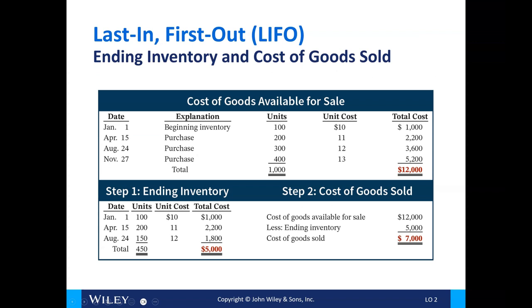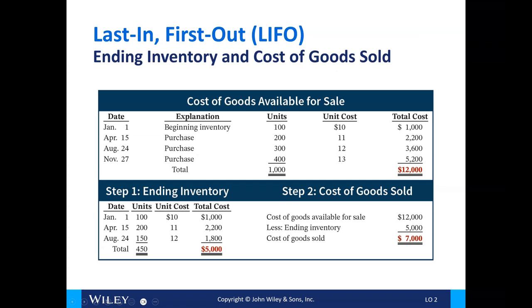All right, so now let's look at last in, first out. And so beginning inventory, same thing, but now we're looking at the last in. So when we sell units, we're going to sell them from the bottom. And so our ending inventory of 450 units is going to be comprised of 100 beginning inventory plus 200 of this purchase, that's 300, and then half or 150 of this unit.